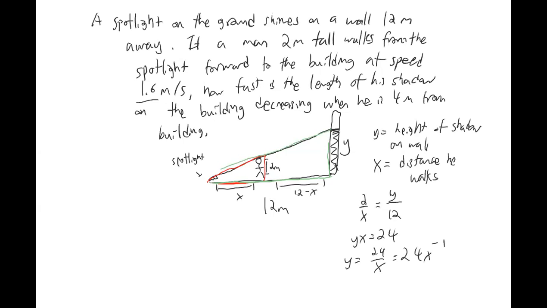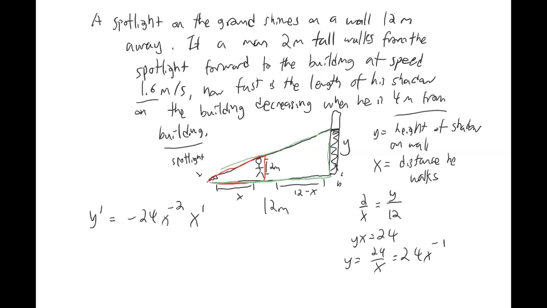Okay, so let's find y prime. You can use the quotient rule or the power rule. Either way, it's negative 24x to the negative 2 times dx/dt, or if you like, x prime. Okay, what is x? It wants y prime when he's 4 meters from the building.